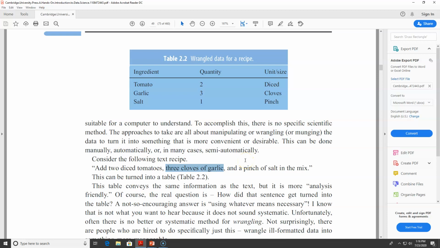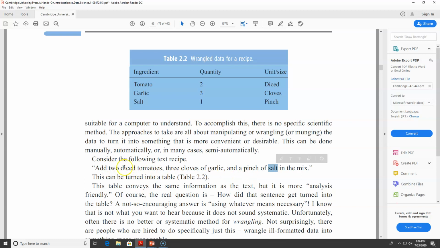So you might convert this data into a tabular structure. Source this, and you are converting to a tabular structure like this. You have created a table with this structure: ingredients, quantity, and unit size. Okay, so tomato, cloves of garlic means garlic, and salt.